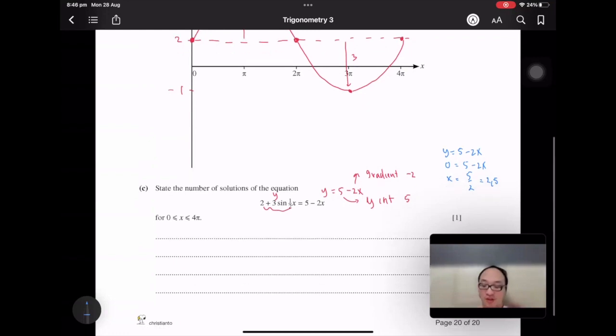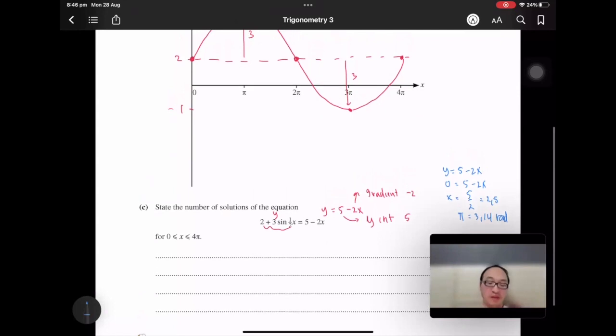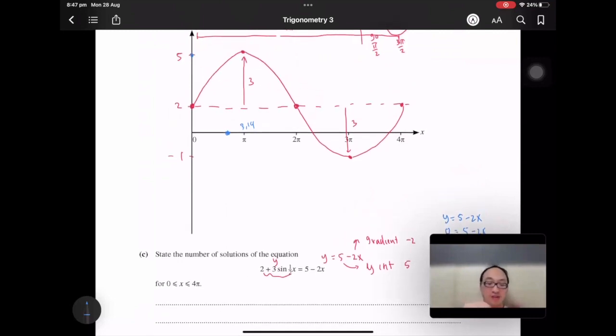We know that pi radian equals 3.14 radian, so 2.5 will be between 0 and pi, around here. So we can draw a straight line passing through 5 and the x-axis here at 2.5.